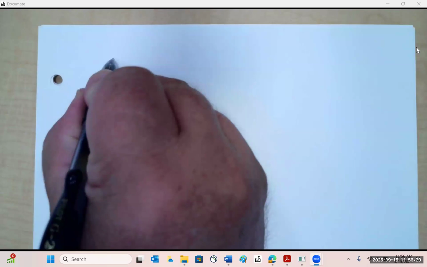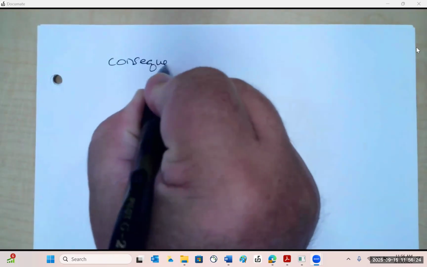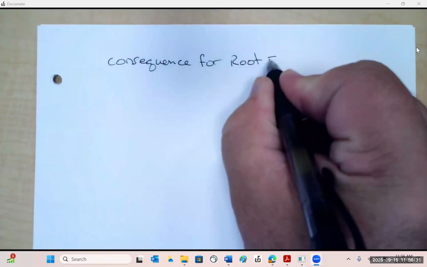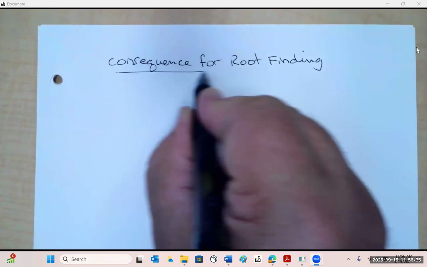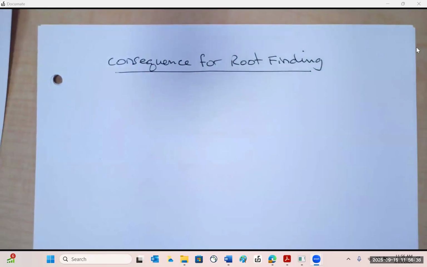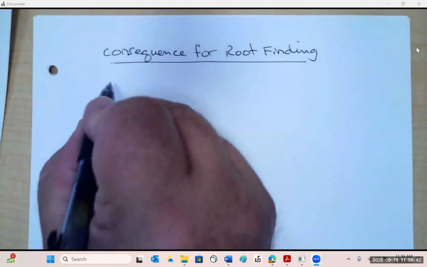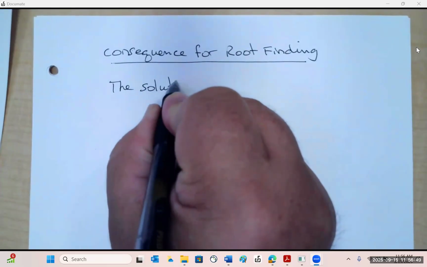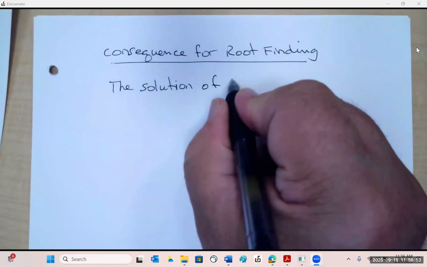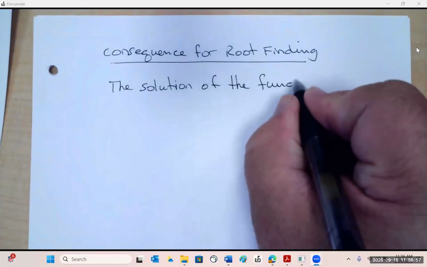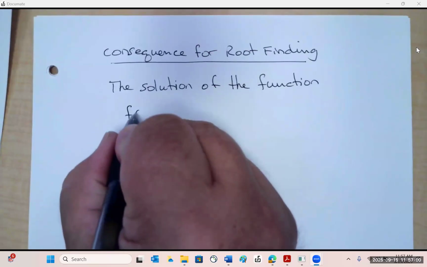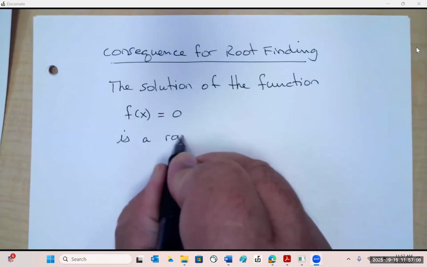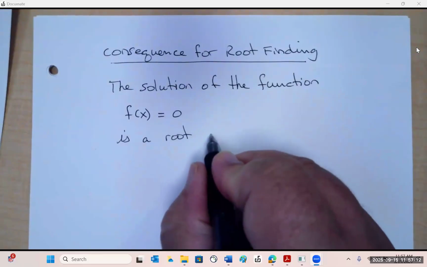Now, a consequence for root finding. The solution of the equation or the function is a root.